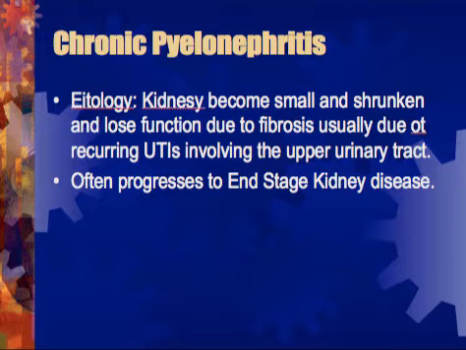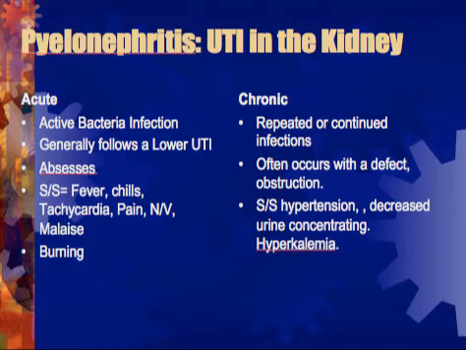That's why we want to hit those UTIs, hopefully catching them lower before they get up into the kidney. If it becomes acute pyelonephritis, we want to hit it with that 10 to 14 days of antibiotics, and follow up, because we want to decrease the risk of it becoming chronic.